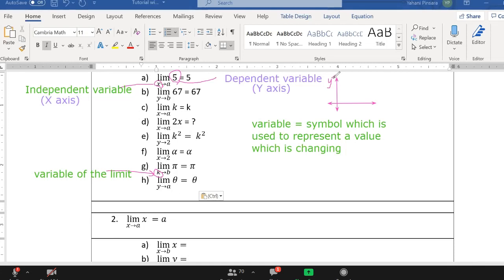Okay, y equal 5. So normally it has only one value, right? Because y is equal to 5. So here we are denoting this axis as x, right?